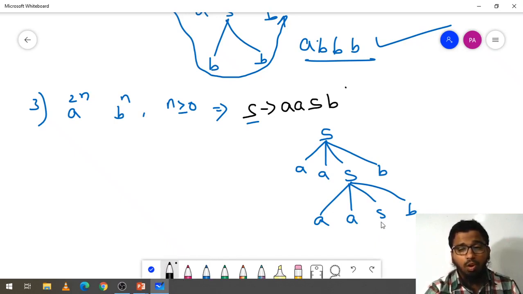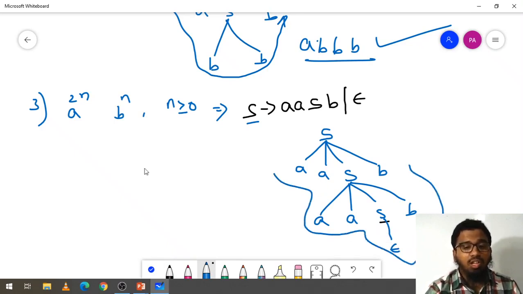Non-terminal means it will not end. Because of that, we need to add epsilon to stop this tree. To stop this tree, we need the epsilon. So what is the answer for this?